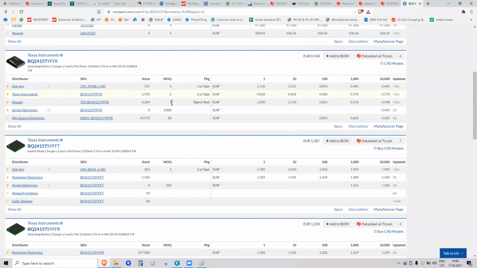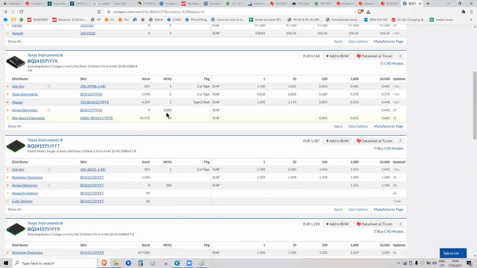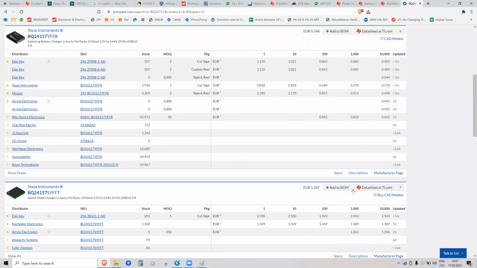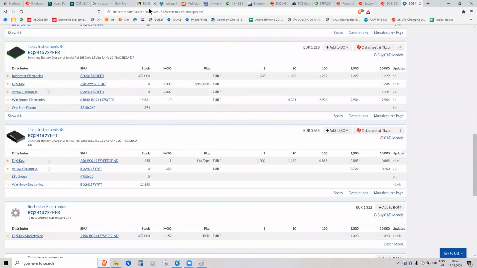Here it automatically searches through the largest internet shops, and it shows you stock availability and the price. For example, if your favorite shop is Mouser, you see it has 4,000 pieces at this price. Texas Instruments has this many pieces at this price, and so on.